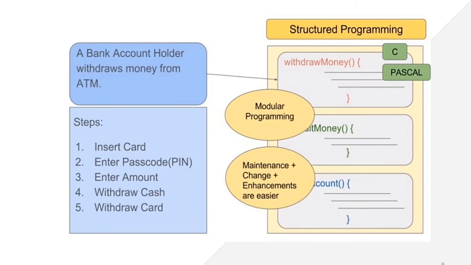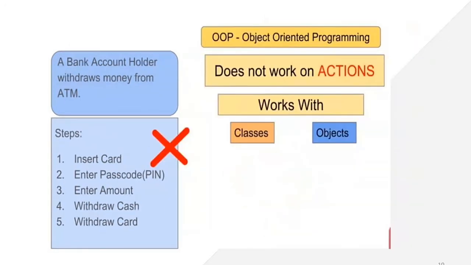C is called a modular programming language because we divide everything into modules. Whatever you write inside these brackets cannot be accessed outside, so this is called a module. You have divided everything into modules, so it is called a modular programming language. But object-oriented programming does not work on actions. It works on classes and objects.